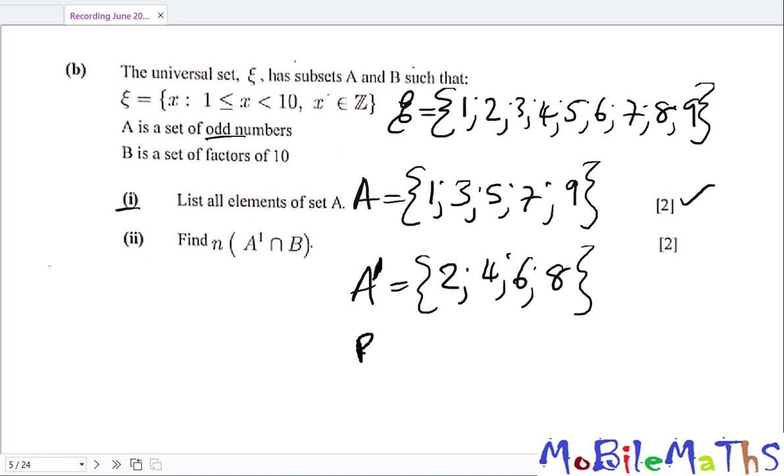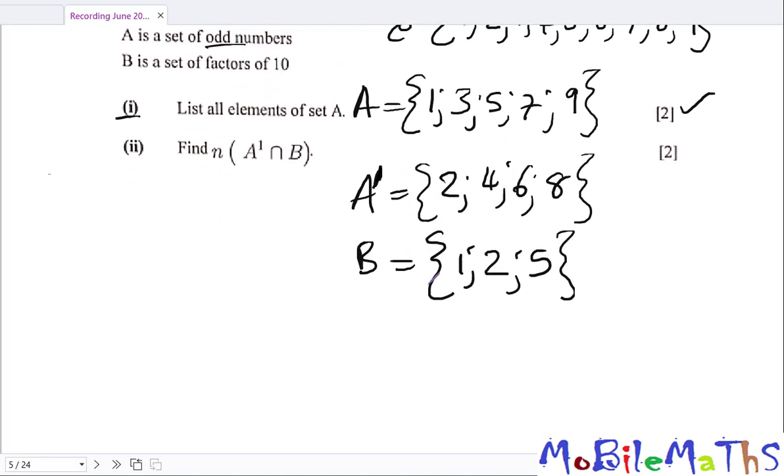Then for B, they are saying factors of 10, meaning numbers that go into 10. 1 can go into 10, 2 can go into 10, and lastly 5 can go into 10. So this is the information we have. Now let's answer the question.